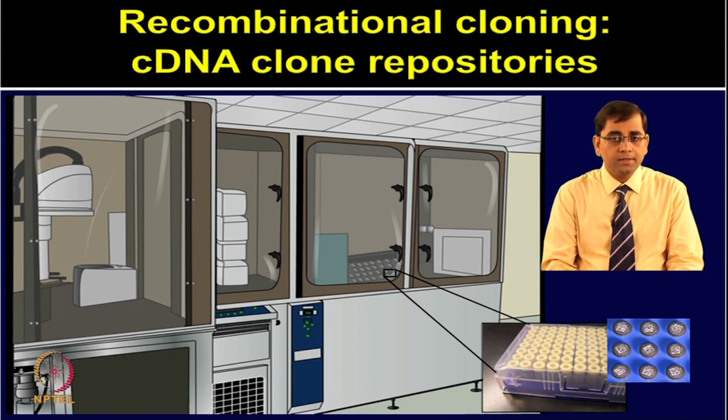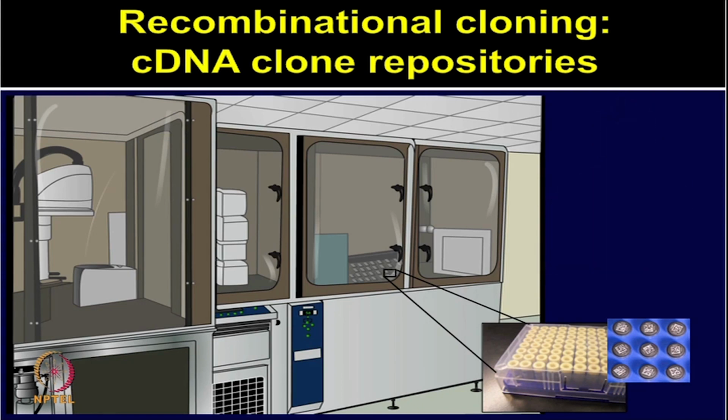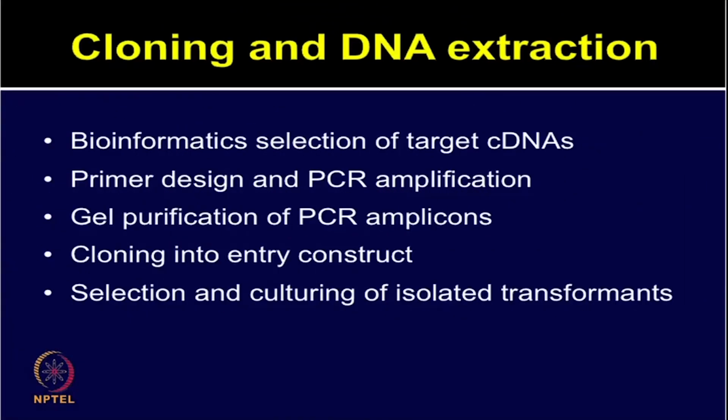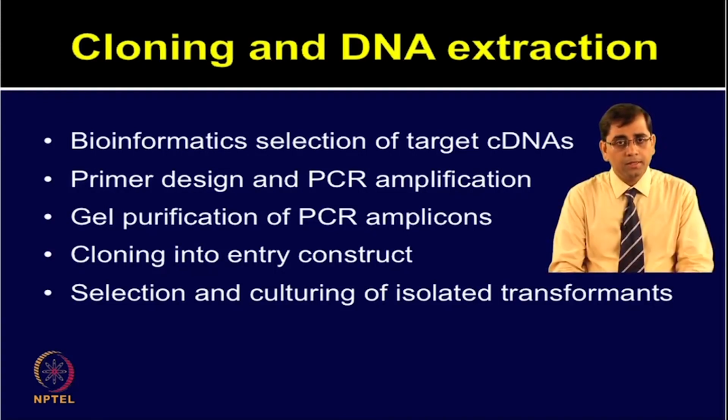These clones are collected in repositories such as the one at Arizona University, MGC clones, and there are several other commercial repositories as well. Once you have selected the gene of interest, now you need to design the primers and use PCR to amplify those clones. Gel purify the right size band and then move them into the entry construct.